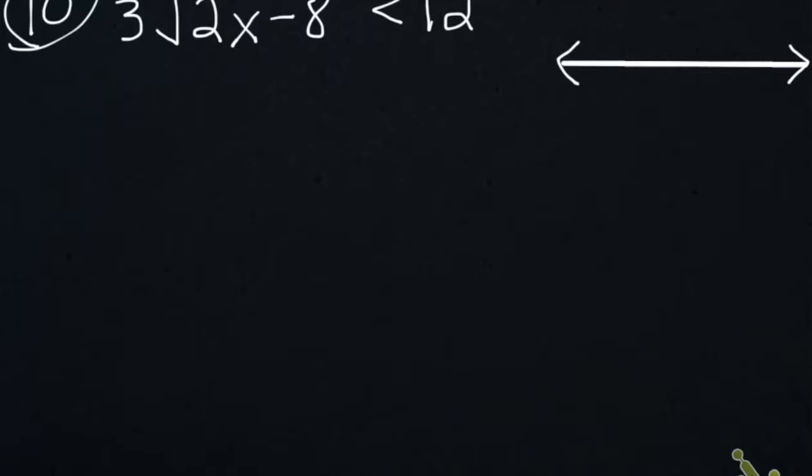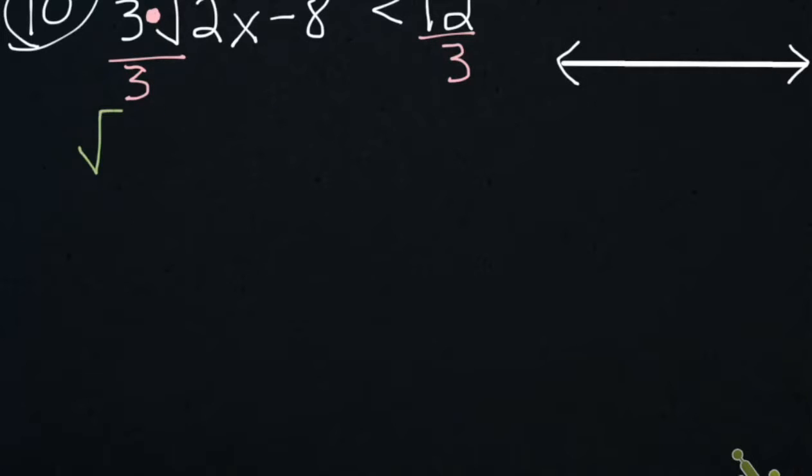Number 10. Is the radical by itself? No, we have that 3 out front. So we subtract it to get to the other side, right? No, that 3 is actually multiplying. So we do the opposite of multiply, which is divide. We're going to divide both sides by 3.